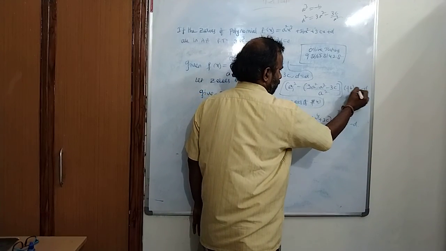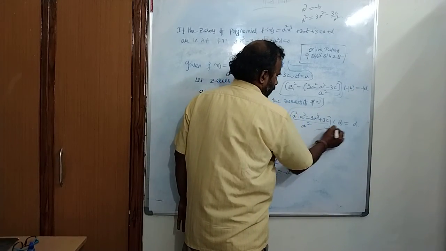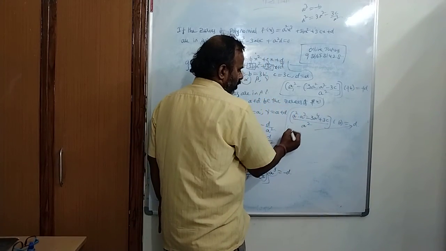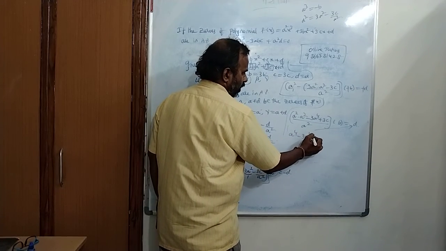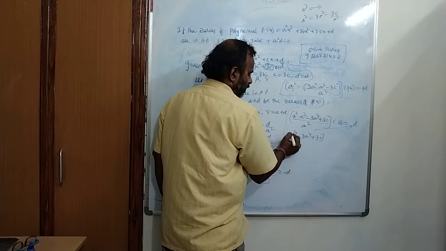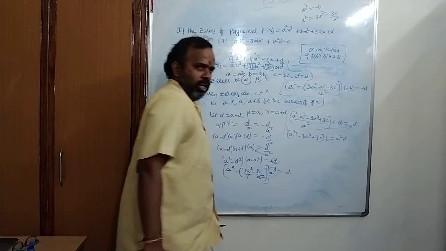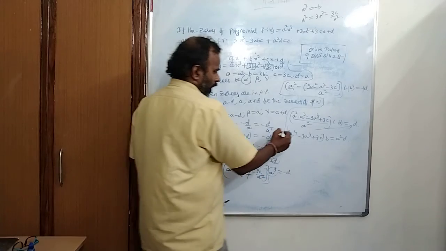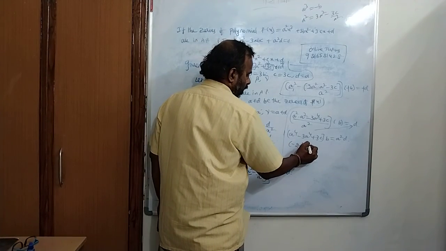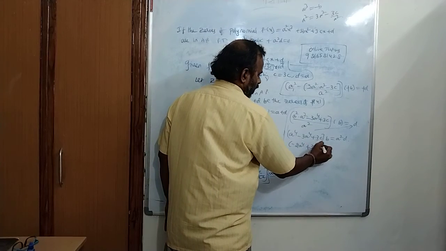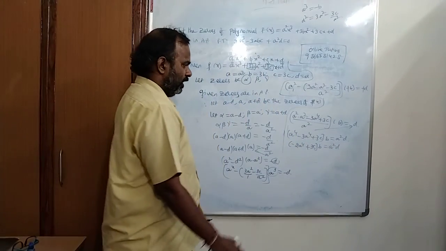Here itself we can cancel minus and minus. So get this a square to the other side. This will be a power 4 minus 3a power 4 plus 3c into b is equal to a square d. Now a power 4 minus 3a power 4, minus 2a power 4 plus 3bc is equal to a square d.